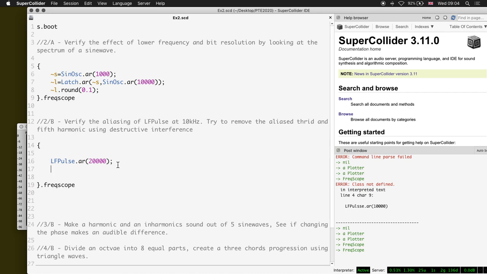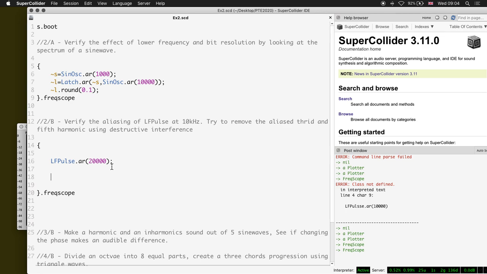Very exciting. So if I have a 20,000 Hertz, then the first overtone, because it's a square wave, is the odd harmonic, the third harmonic, which is at 60,000 Hertz. So essentially what I expect is that to be mirrored on the 48,000 Hertz. Okay, so the difference between 60,000 and 48,000 will be 12,000.